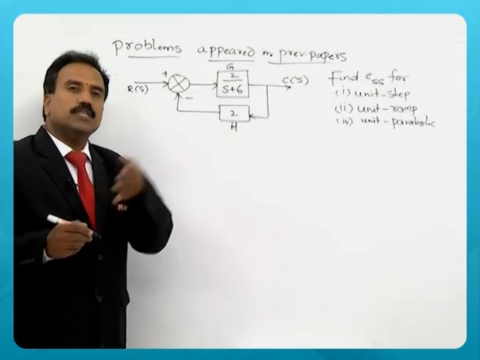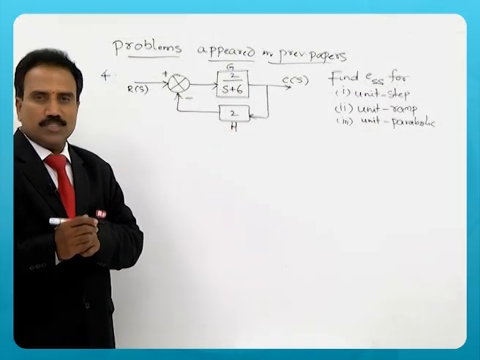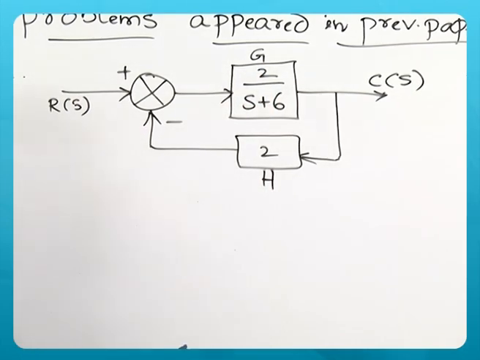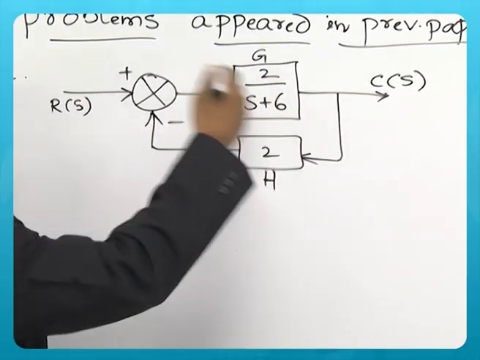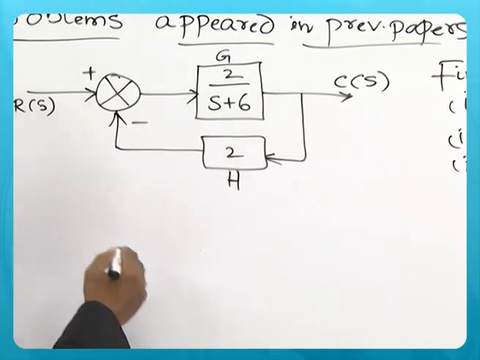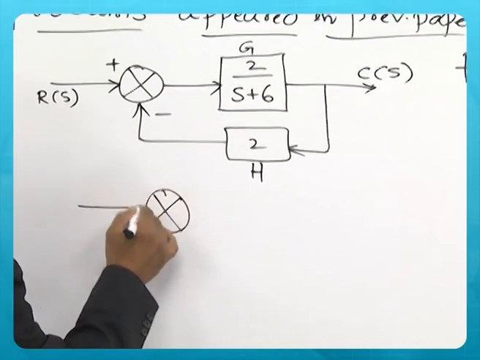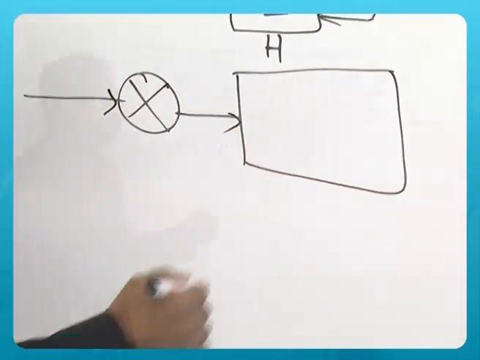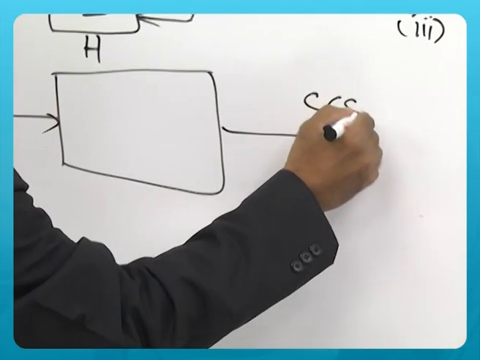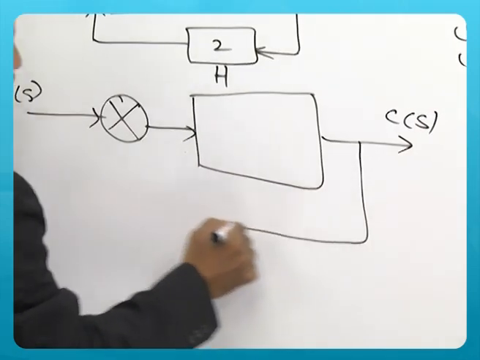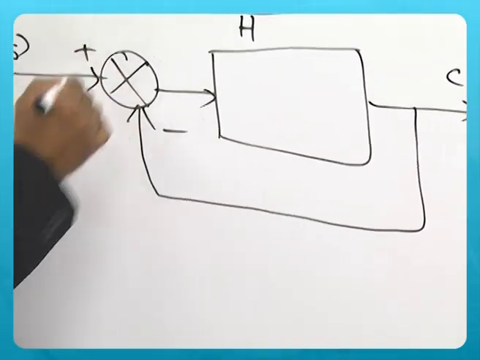So, we need to convert that into a unity feedback control system. When G is given and H is given, we need to convert this non-unity feedback control system to a unity feedback control system. Means there is only one block in the forward path and no element in the feedback path.